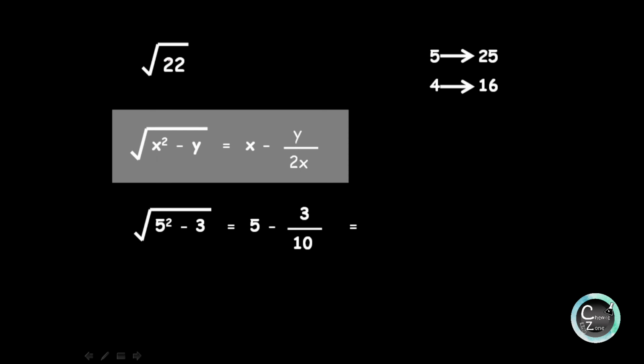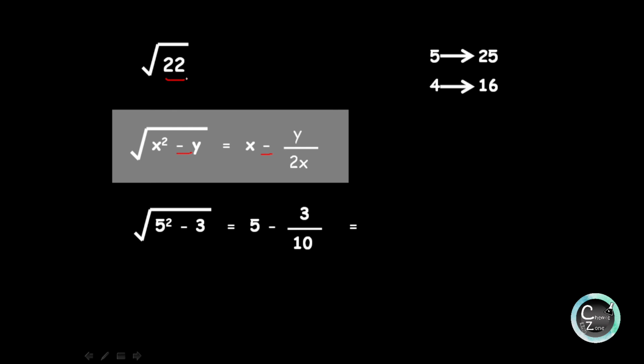If we want to calculate the square root of 22 using the formula which contains a positive sign, then we have to consider x as 4. So 4 square will be 16, and 16 plus 6 will be 22. So we can use that formula also.